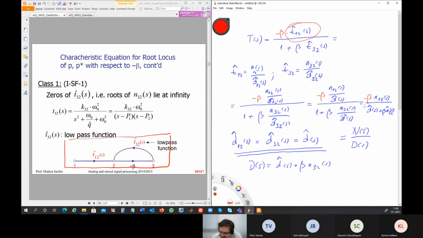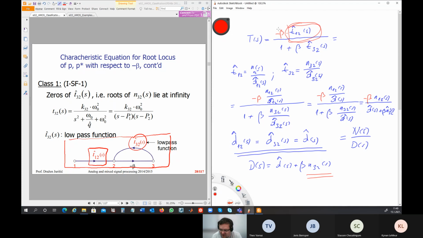The numerator is defining the character of the overall closed loop function, and in the denominator is the function T32. This is in the denominator, and this here is in the numerator.